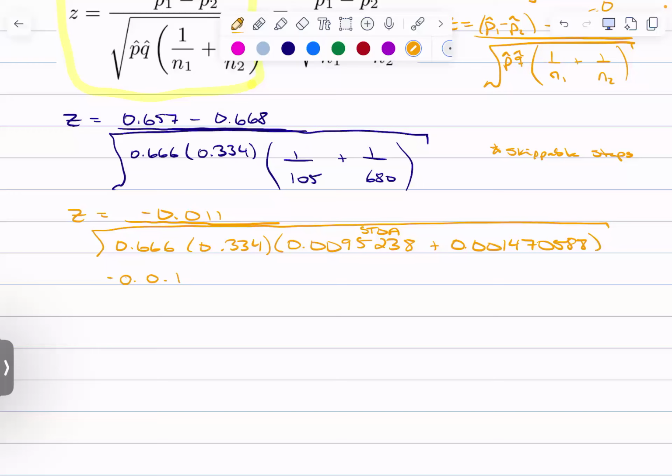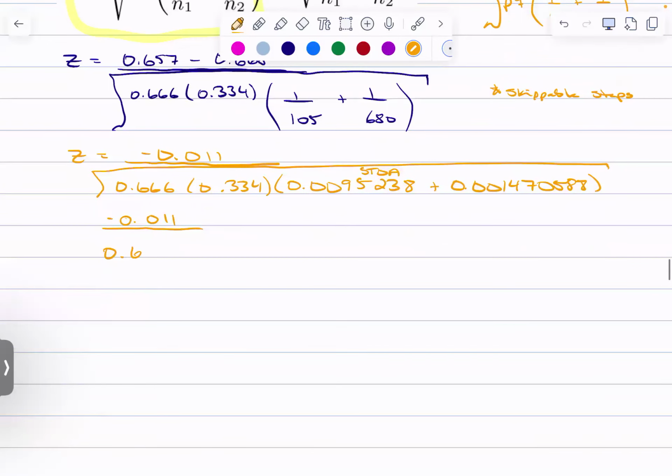Oy, too many decimals. 0.01099439776. Don't forget that square root. Gonna make a real mess if you do. Times it by 0.334 times 0.666.